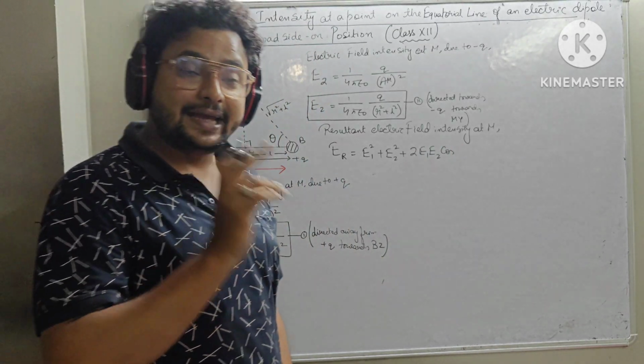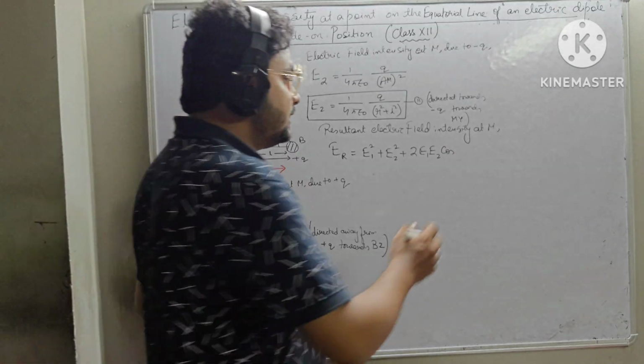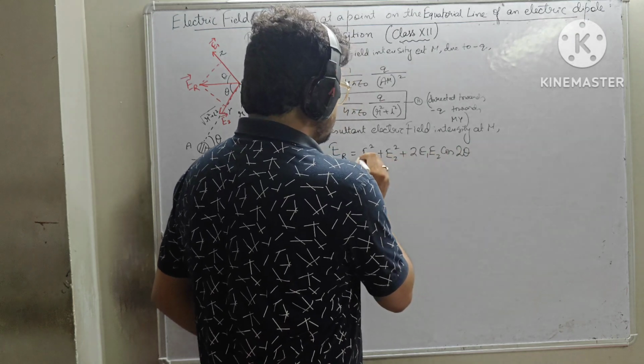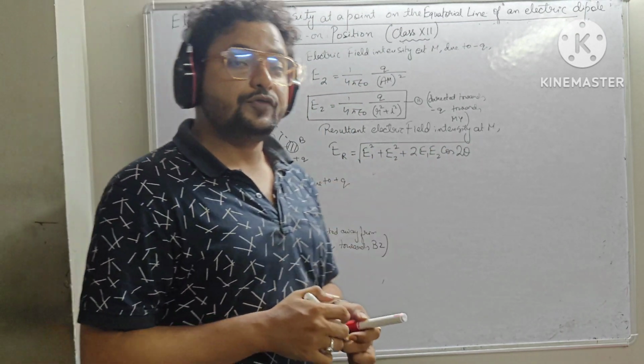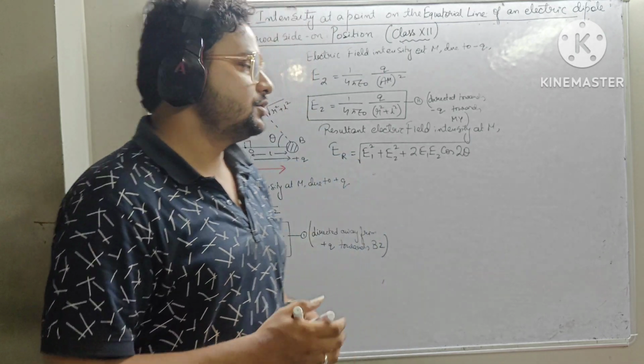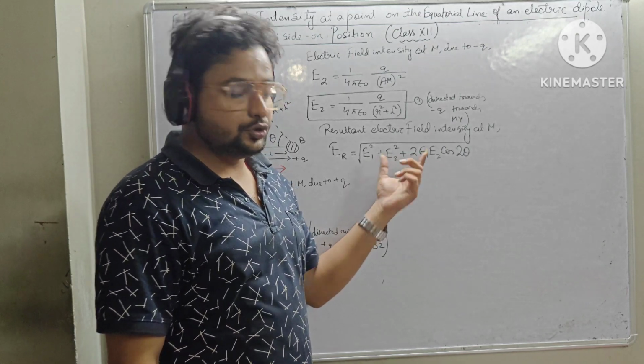Theta means the angle between the two vectors. How much is the angle between the two vectors? As I said earlier, it is 2 theta. This is the formula for the resultant of two vectors. Those who know vector addition will know this is how we can find out the resultant between two vectors.